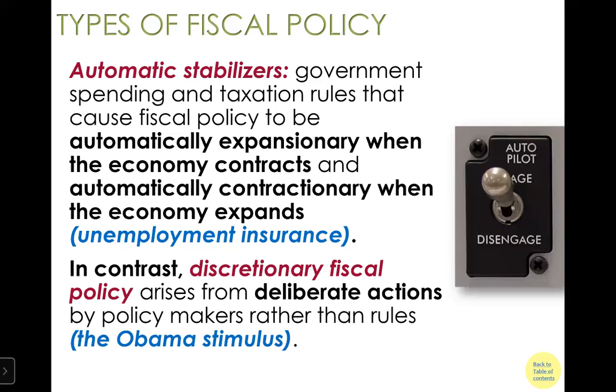And right now under President Biden, there are the CARES Acts, and there's another stimulus to make sure the economy can recover after this pandemic. Those are deliberate actions by the president or the administration, not written as rules, and more like a one-time action. But unemployment insurance is written in the law. It's just automatically applied whenever the economy fluctuates.